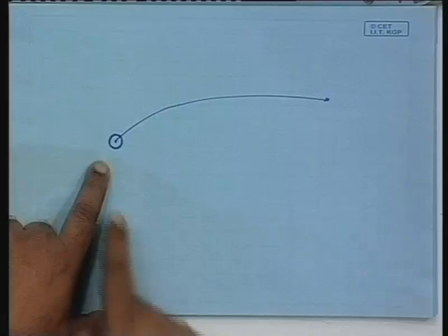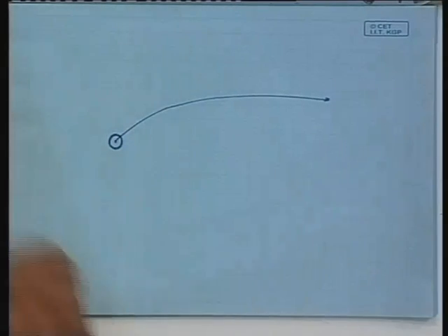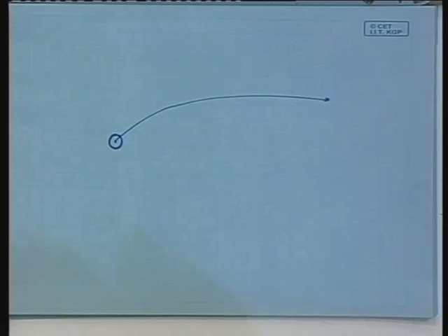Therefore, both due to instrumental error as well as specification error, there will be this error ball, and there will always be an error in the prediction of the future state.